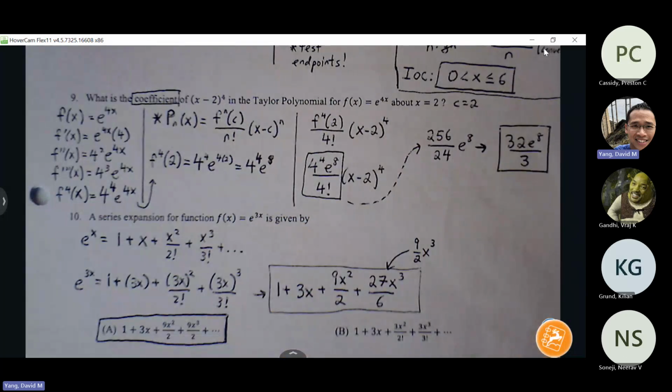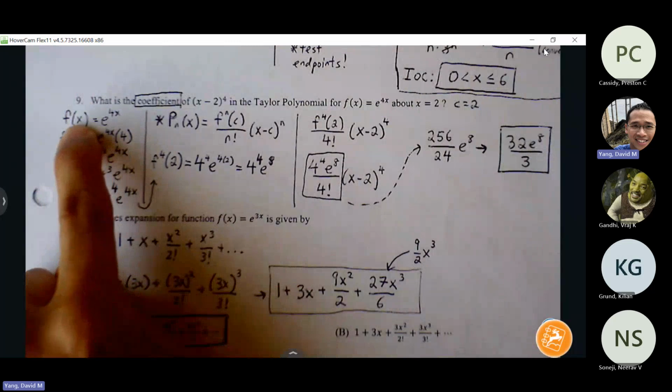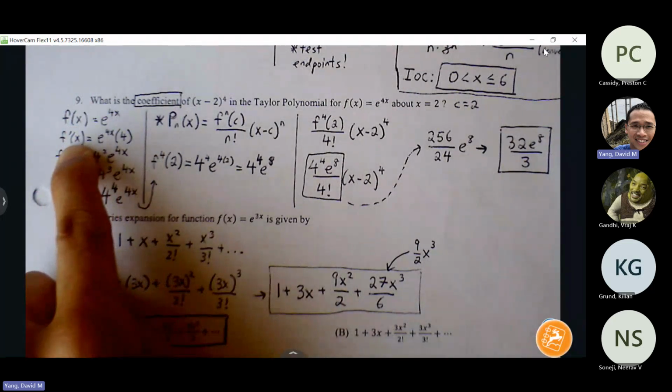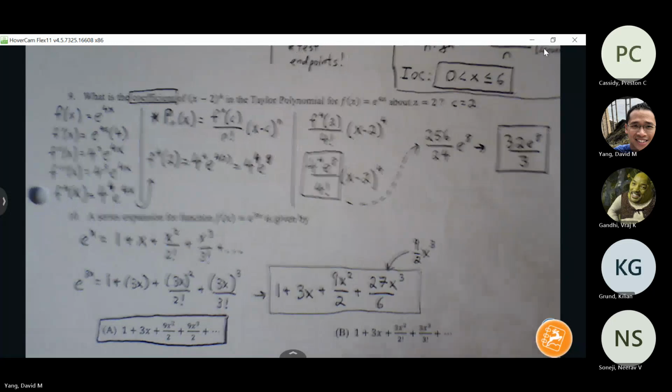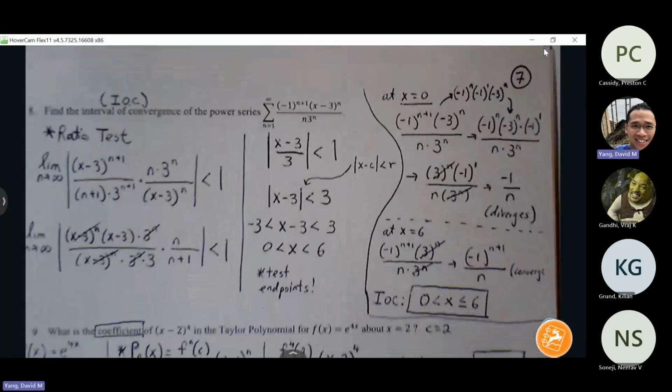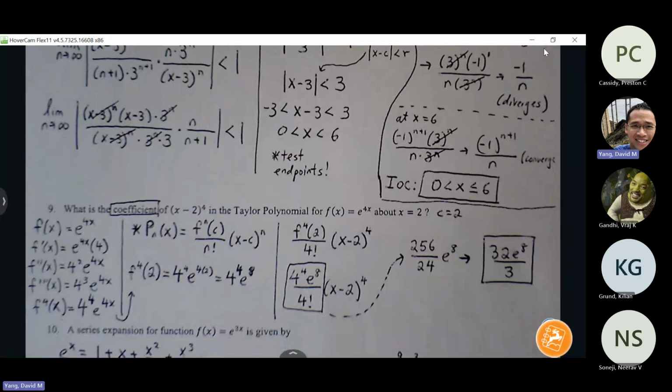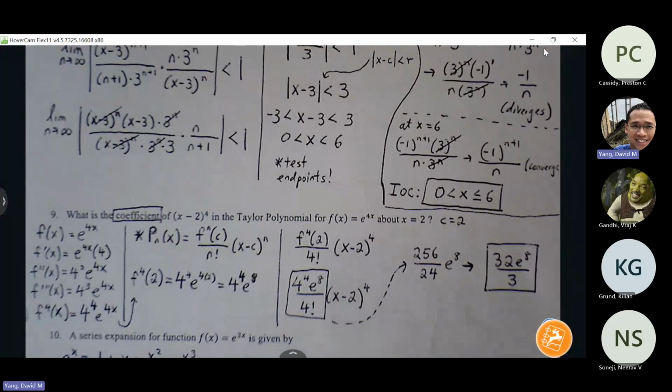You would do f of 2 plus f prime of 2 times (x minus 2). That was page 7, number 9, what the question was about.